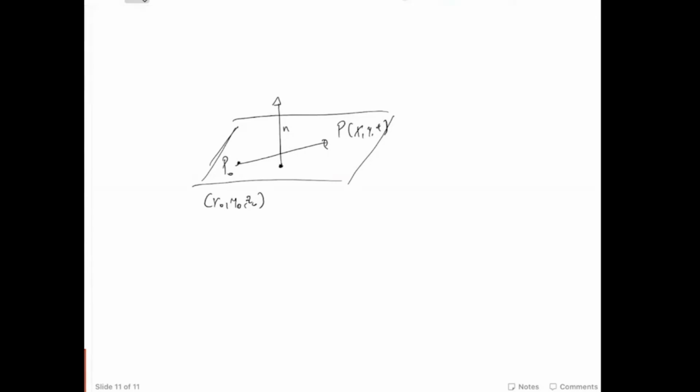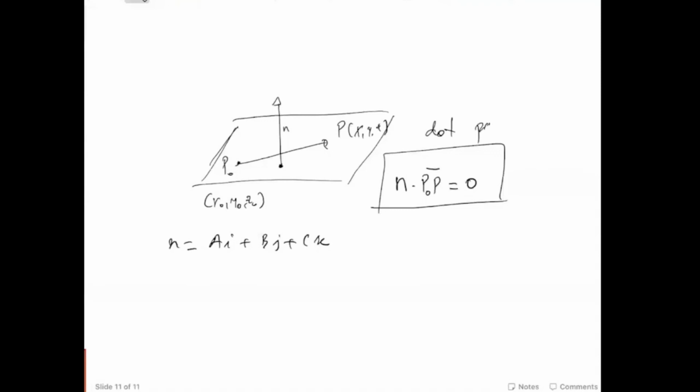And therefore, by assuming that the normal vector is Ai plus Bj plus Ck, and knowing that our normal vector is perpendicular to any vector P0P, this can be expressed by the definition of the dot product. When two vectors are orthogonal or perpendicular to each other, the dot product equals zero.